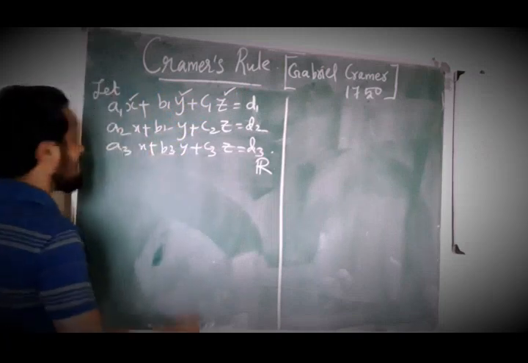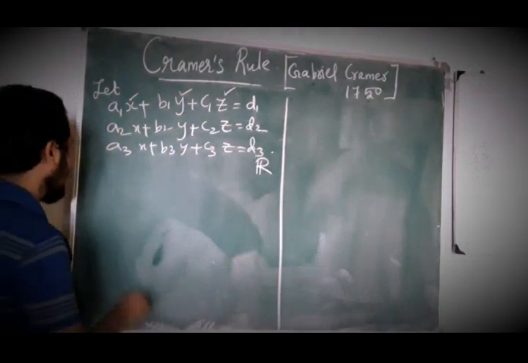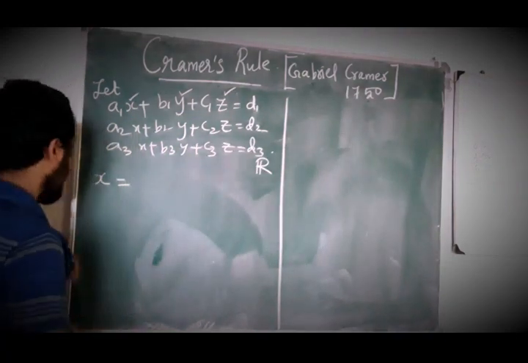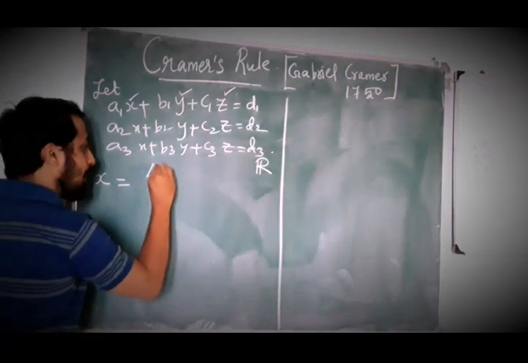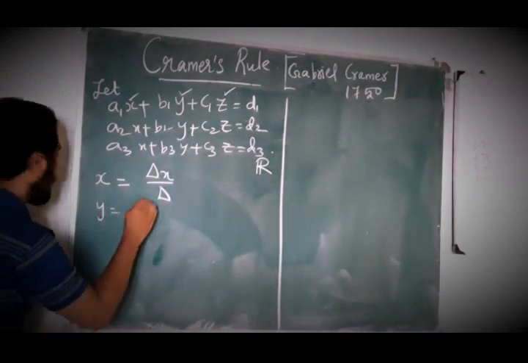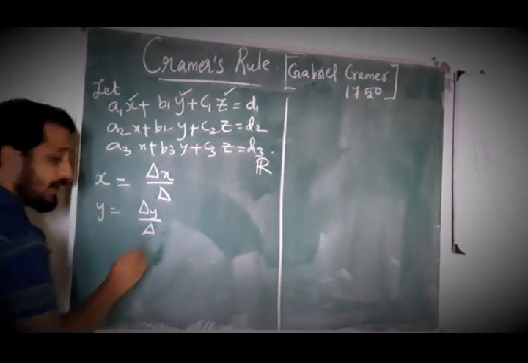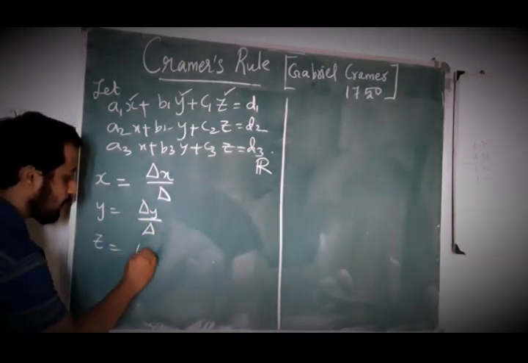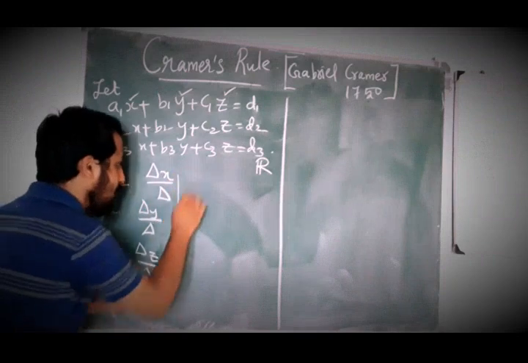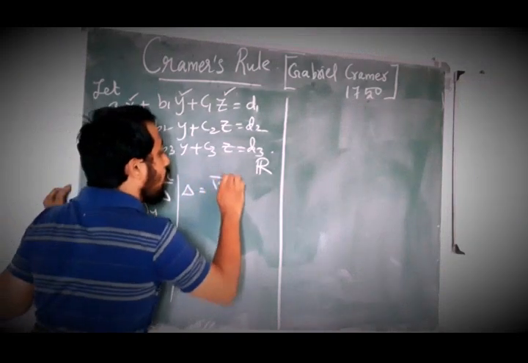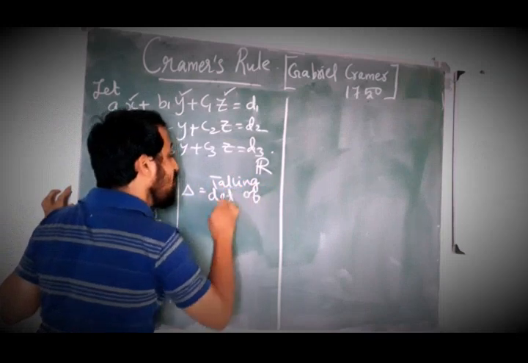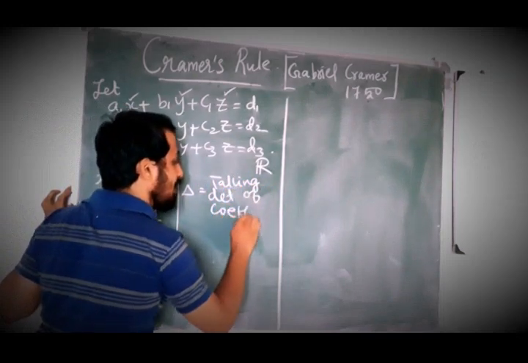Gabriel Cramer introduced how to find the value of x using determinants: x is equal to delta x divided by delta, y is equal to delta y divided by delta, and z is equal to delta z divided by delta.